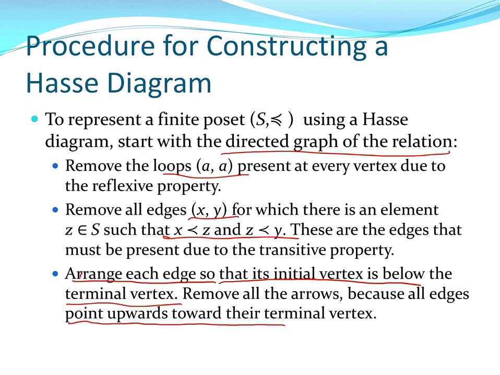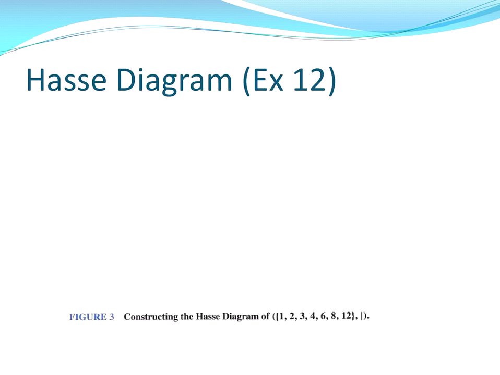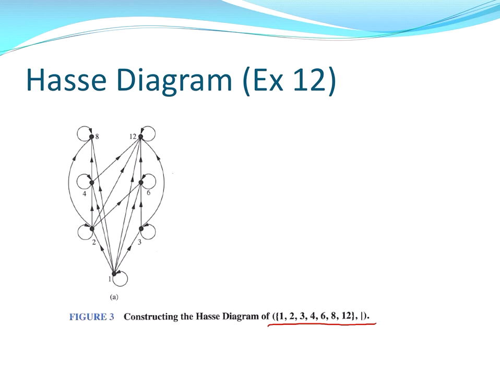All right, so here's an example from our textbook. We're constructing a Hasse diagram of the set containing 1, 2, 3, 4, 6, 8, and 12, with the divides relation. And here's the digraph, or directed graph, for that relation. You can see it's kind of messy, with lots of loops and arrows going from 1 to every other element because 1 divides everything.